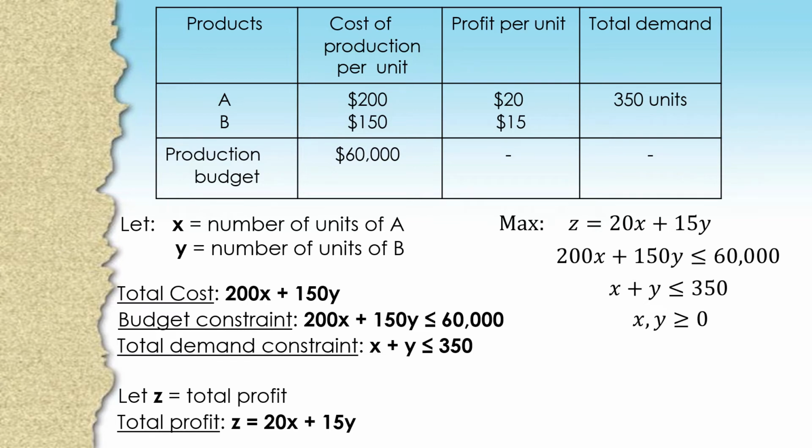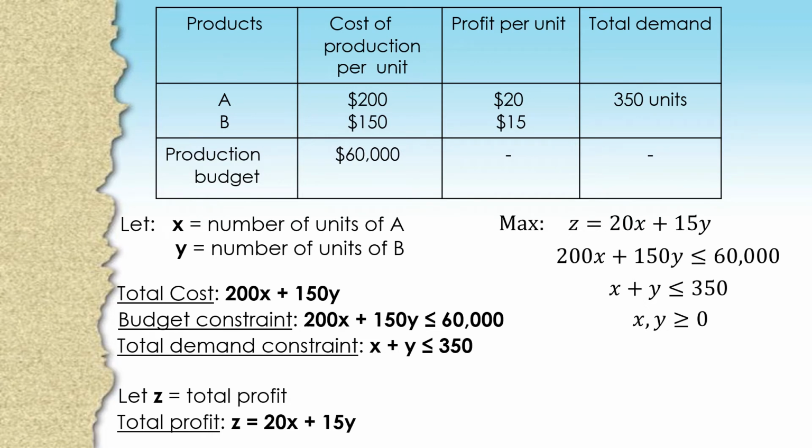And for the total demand constraint, according to the problem, it is x plus y less than or equal to 350.